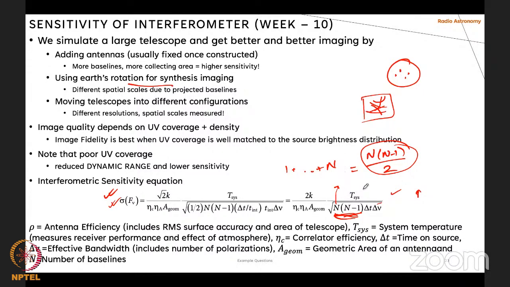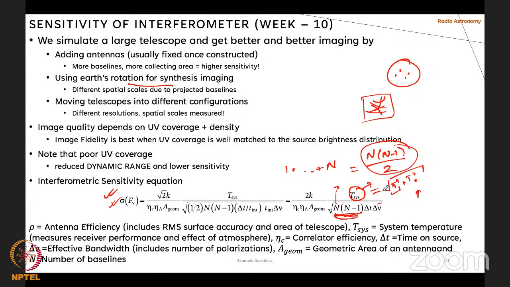Now, provided that the system temperature for each antenna is maintained at the same temperature, there shouldn't be any fluctuations. If the system temperature for each antenna is different, that should be accounted for, and that essentially is calculated as the square root of the sum of squares of the temperatures, T1 squared plus T2 squared.